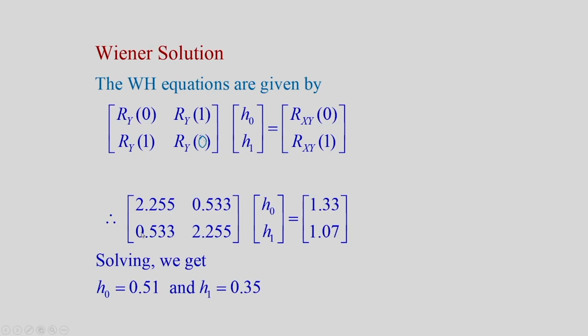And if we substitute the values, we will get this matrix multiplied by h0, h1 is equal to this cross correlation vector comprising of 1.33, 1.07. Solving, we get h0 is equal to 0.51 and h1 is equal to 0.35.